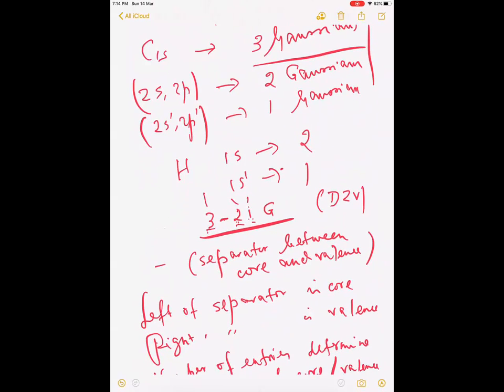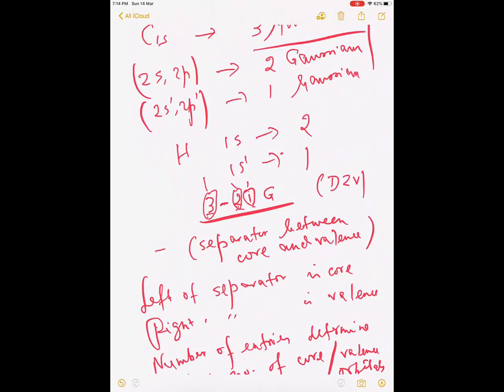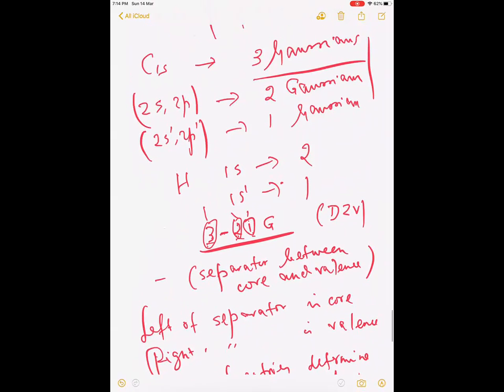Then you will ask the question, what do these values mean? They tell you that the core, which is only 1, is expanded in terms of 3 Gaussians. The first set of valence is expanded in terms of 2 Gaussians. The second set of valence is expanded in terms of 1 Gaussian. But the number of atomic orbitals, I repeat, has nothing to do with this 3, 2, 1. In this nomenclature they are determined only by the number of core orbitals and the number of valence orbitals.